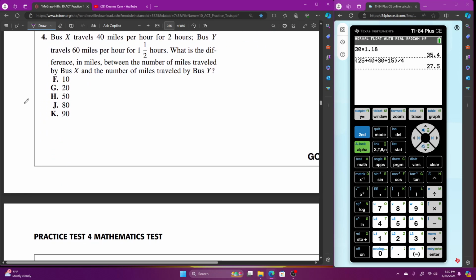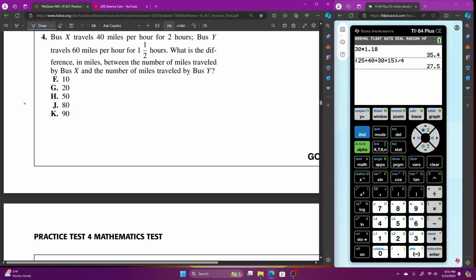Number 4, bus X travels 40 miles per hour for 2 hours, and bus Y travels 60 miles per hour for 1.5 hours. What is the difference in miles between the number of miles traveled by bus X and the number of miles traveled by bus Y?